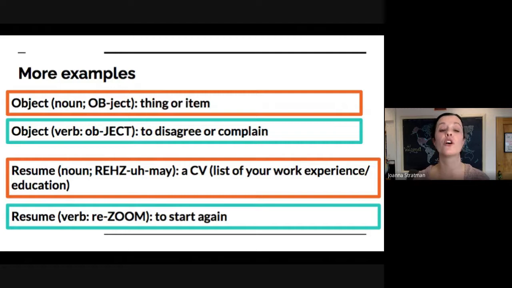We use resume. The verb form of this is resume. And resume means to start again. For example, every summer, we do not have English class. English class will resume in September. Resume, resume.